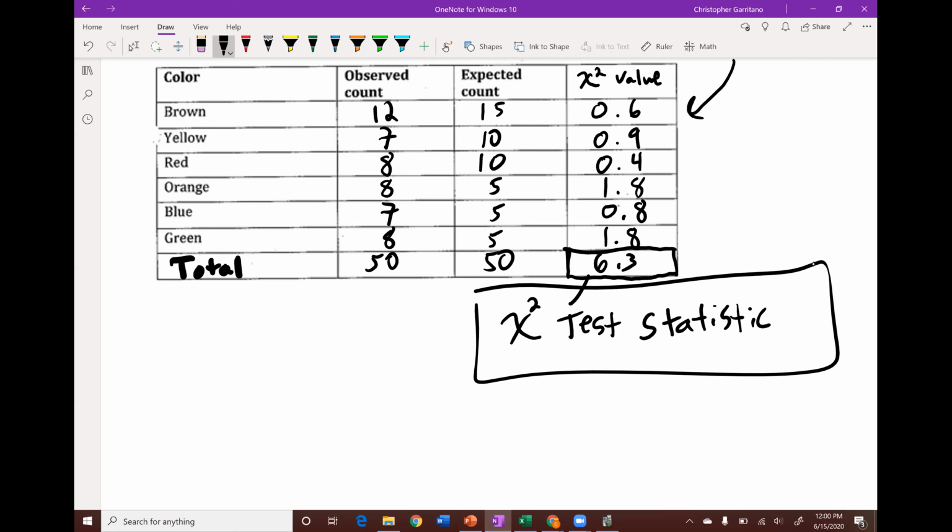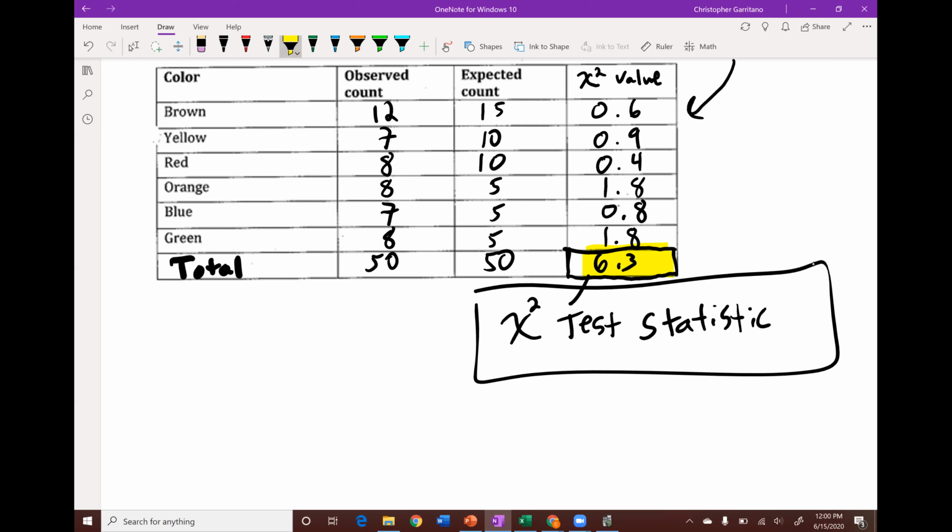All right, now take a moment and think about what the chi-squared distribution might look like. Consider that the chi-squared distribution is a collection of all possible chi-squared values, or I should say, a collection of all possible sums of chi-squared values. In this particular sample, we observed a chi-squared value of 6.3.